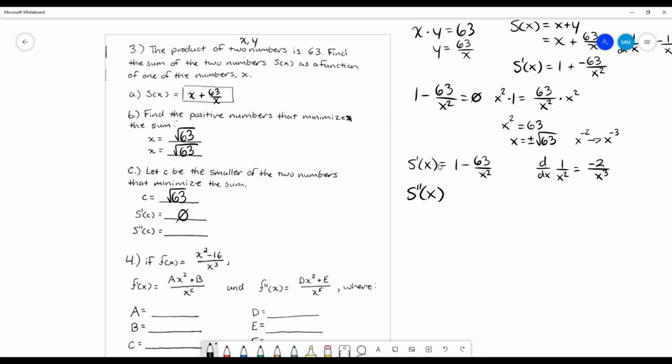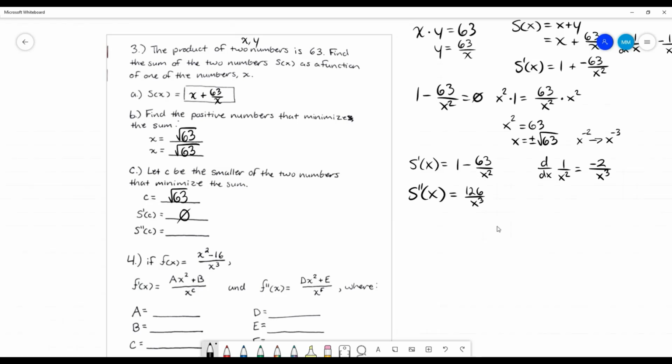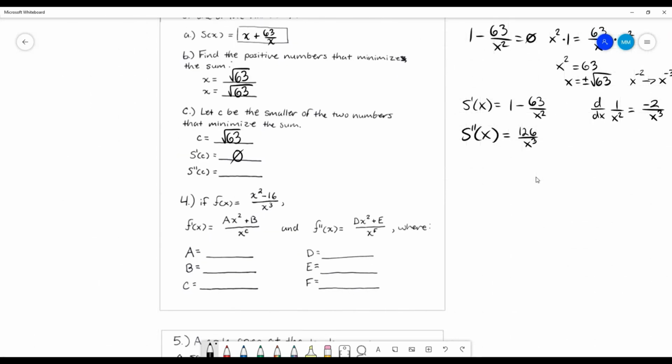And it looks like that. Remember, we're multiplying it by negative 63, so it's turned positive. 63 times 2 is 126. There's our derivative. So now I just have to plug in the square root of 63. And for right now, I will just leave it in those terms. So it's going to be 126 over square root of 63 cubed. That's what I'm looking for there.